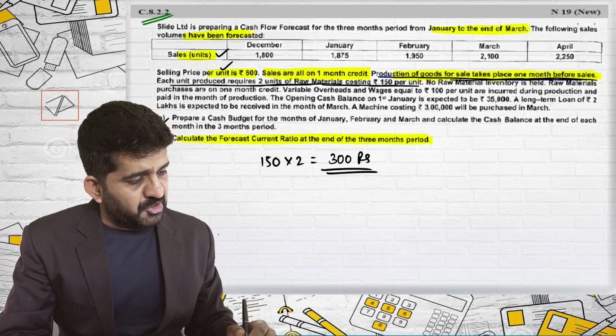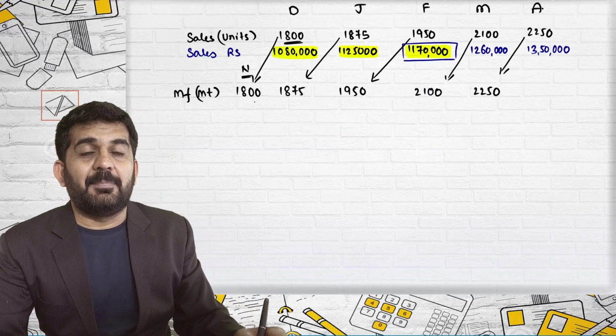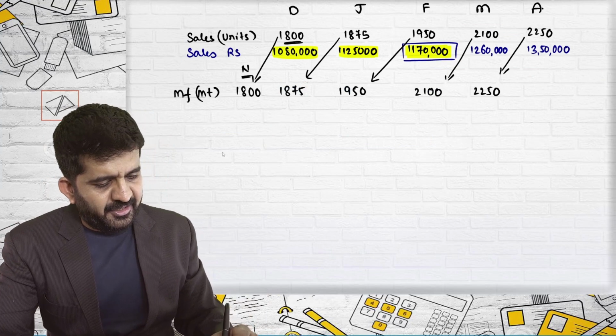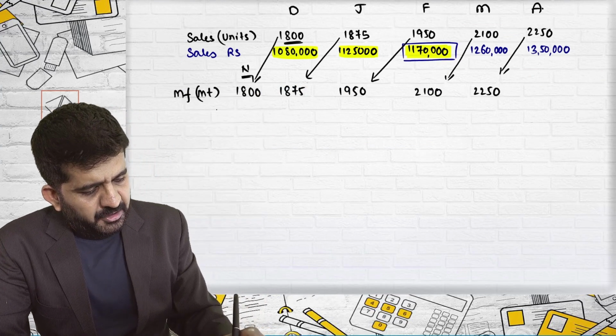So what will be the manufacturing cost for all this? Now you need to multiply by 300. So 1800 into 300, it is 2,40,000.